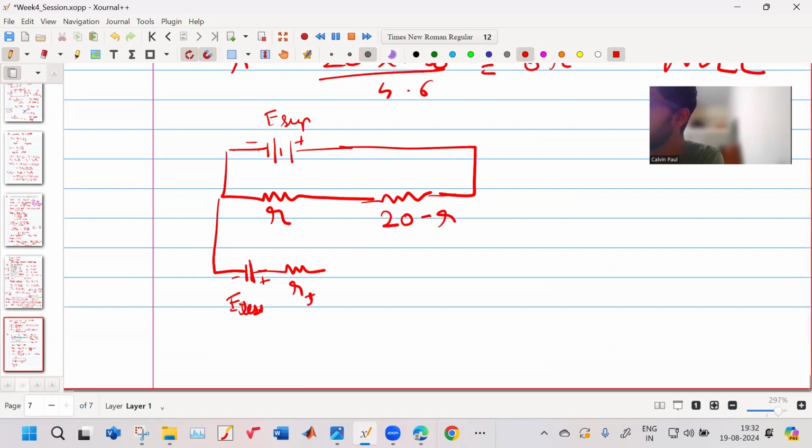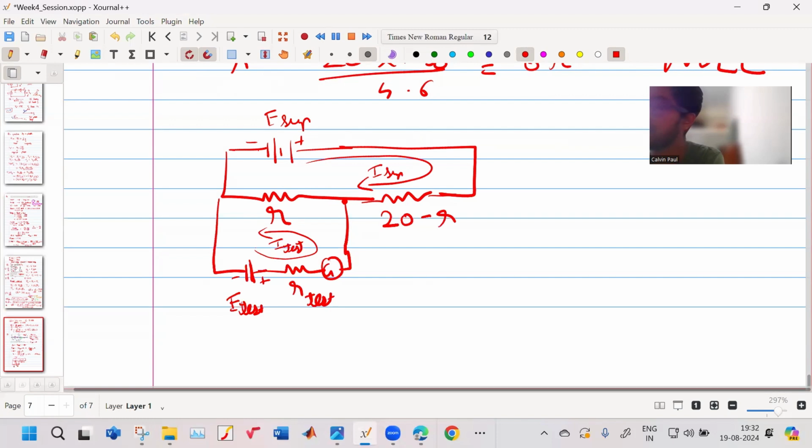This is your R test. This is your galvanometer, whose resistance is negligible. And this is where your jockey is placed. Okay. Your I test will flow like this. This is your I test. This is your I supply. Right? So now we have to solve this circuit.